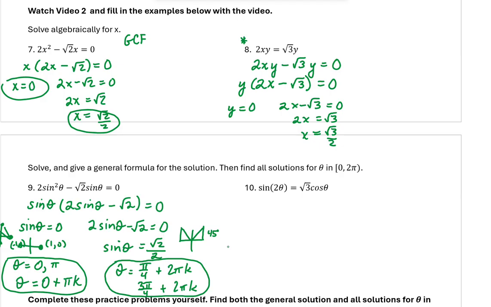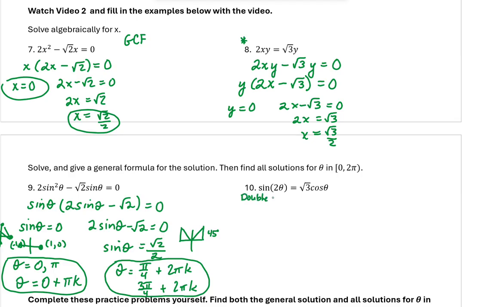Circle all the answers. All right, now for number 10, I want you to notice that we've got some issues. We have sine of 2 theta is equal to square root 3 cosine theta. Okay, so we have one sine and one cosine. Now, these two are not reciprocals of each other, so we can't change one into the other. But notice that sine of 2 theta is actually a double angle.